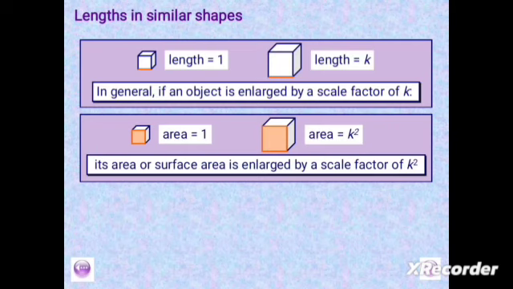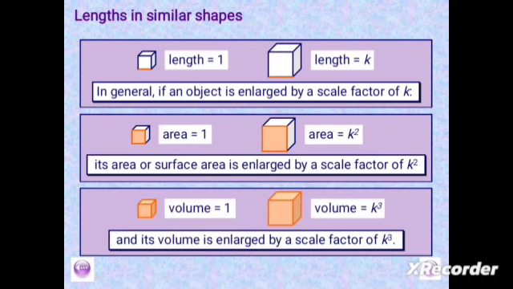You can see that well explained in the previous part of this lesson. And as well, we can also say that its volume is enlarged by a scale factor of k cubed.